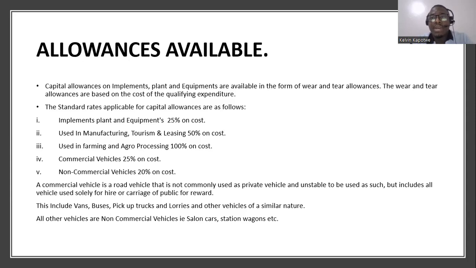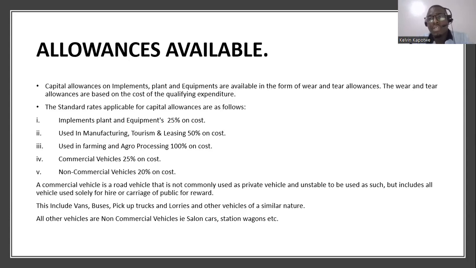Canter trucks, tipper trucks. Those are commercial vehicles because you can't give a canter to a managing director as a personal-to-holder vehicle. It can't be, because that vehicle is not meant for such, or you can't give that Higer bus to the chief financial officer as his personal-to-holder vehicle because that vehicle is not meant for such. It is a commercial vehicle.